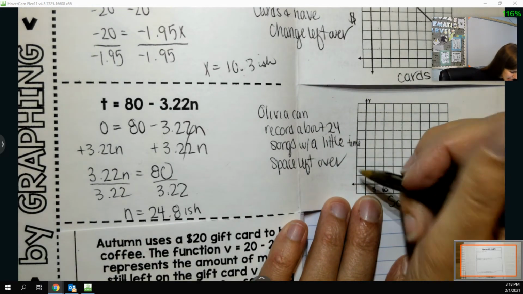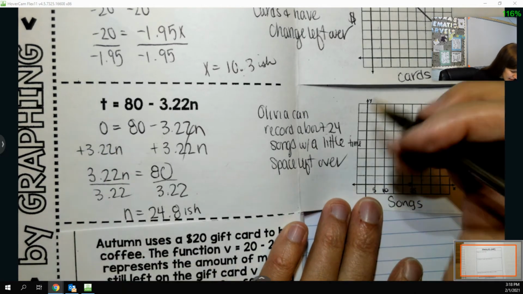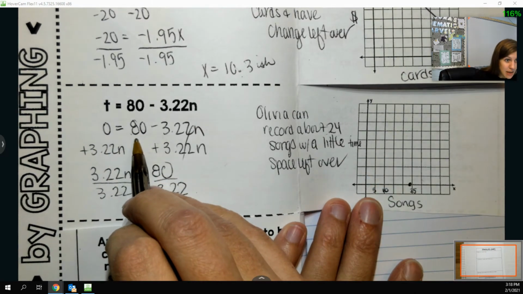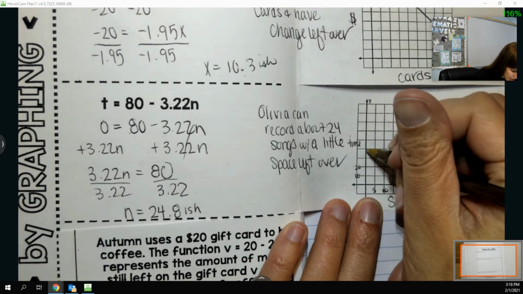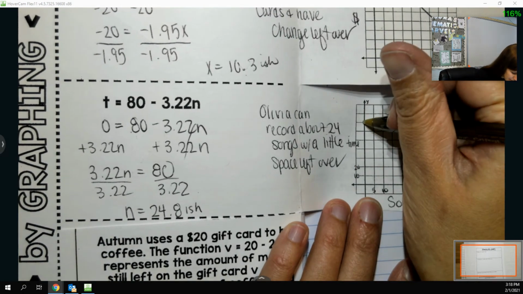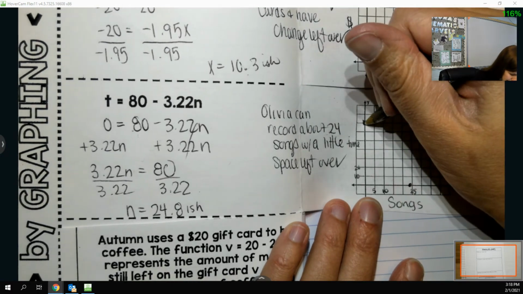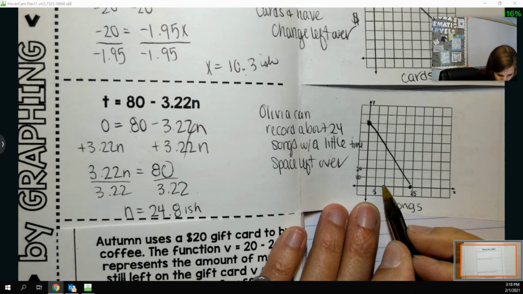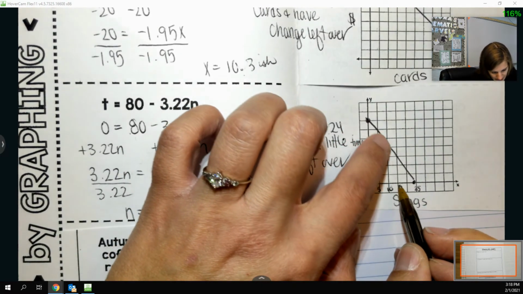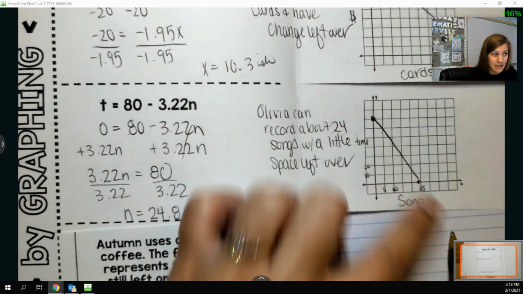Let's count by tens because the y-intercept is 80. So 10, 20, 30, 40, 50, 60, 80. And then we can connect the dots and we can see that as I start adding more and more songs, I have less and less time on the USB because it's negative again.